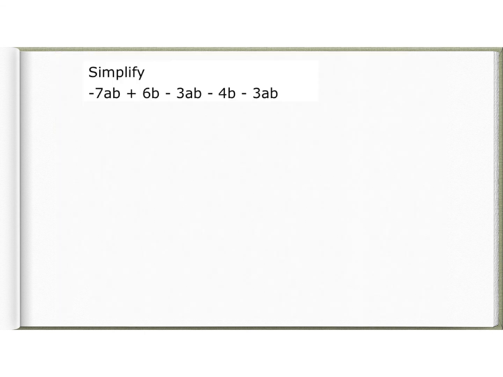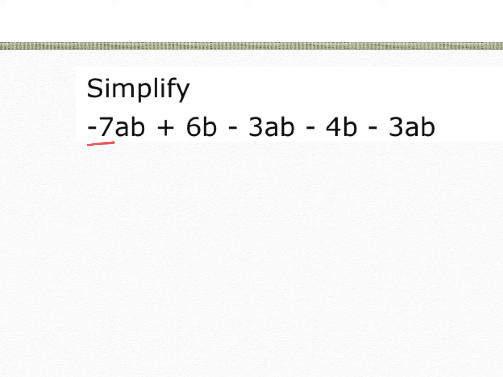Alright. So first I have negative 7ab. Do I have any like terms with negative 7ab? Yes. Negative 3ab. So it's negative 7ab minus 3ab. Negative 10ab. Awesome. Next I have 6b. Do I have any like terms with 6b?